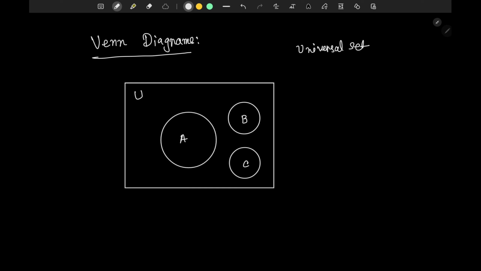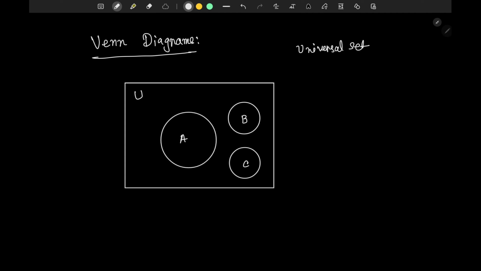So the idea of a Venn diagram is that if we have some sets that we are working with, we just want to represent them visually with the help of diagrams, of course, so that we can just remotely try to visualize what is really going on.